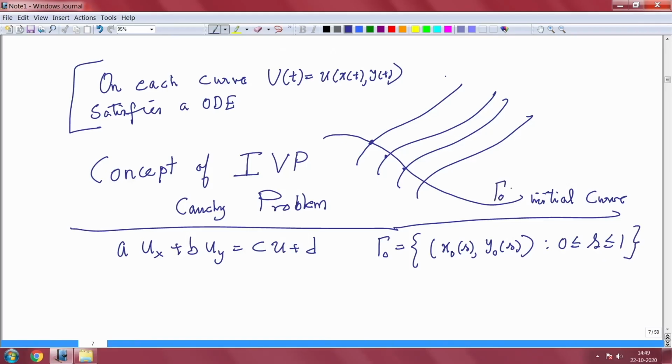So, this we are going to use. Understanding this characteristic curve is quite important. On gamma naught, (x naught(s), y naught(s)) is given to you, which means the initial curve is also given to you. So, you should understand what is given, the initial curve is also given.